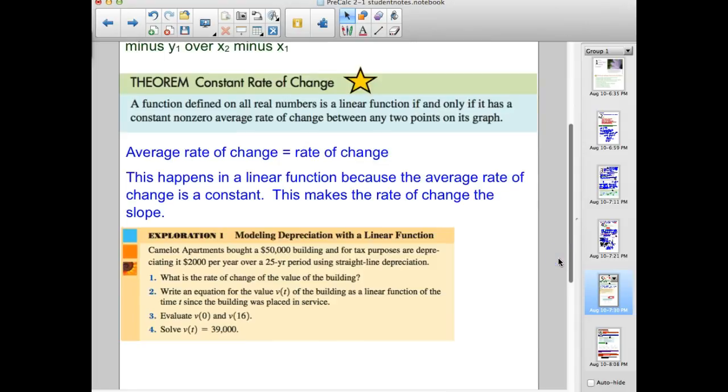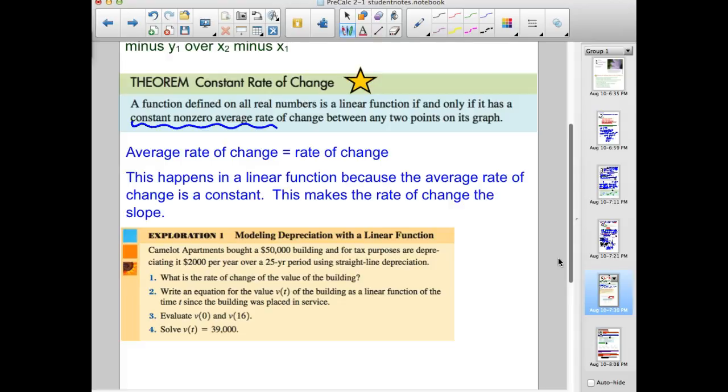All right, so a constant rate of change. It says a function defined on all real numbers is a linear function if and only if it has a constant, non-zero average rate of change between any 2 points on its graph. So that slope has to be the same regardless of what points you pick.